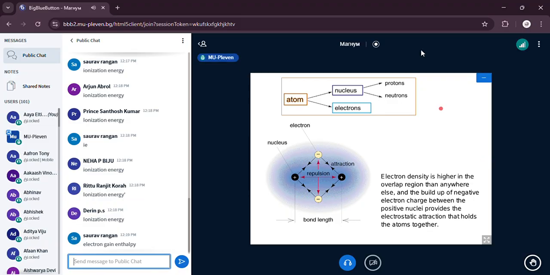This is simply to remember the atomic structure. Each atom has a nucleus and electrons. In the nucleus, there are protons and neutrons.